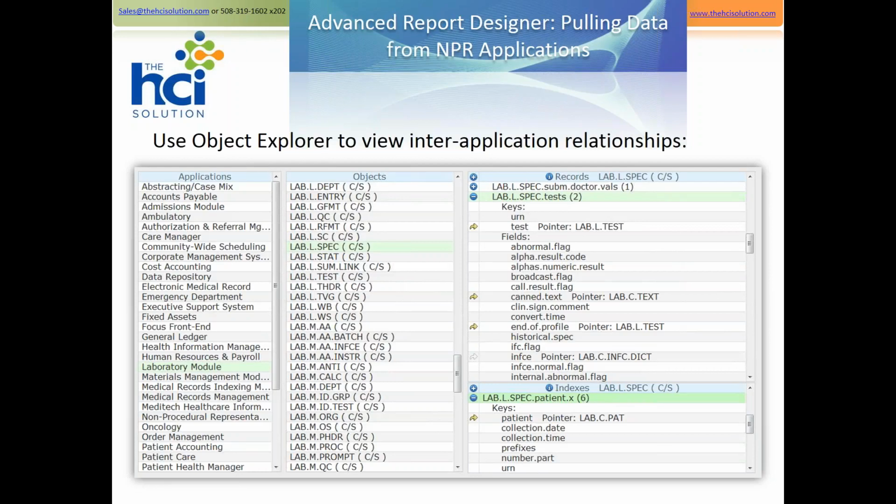And that patient key shares the same identifier as the registration reg account object ID. So we were able to get the registration OID and use that to find the first key in this index. The last key for the index is the URN, which is the lab spec URN. So this index will contain a list of all specimens for the patients that we want to print on the report.